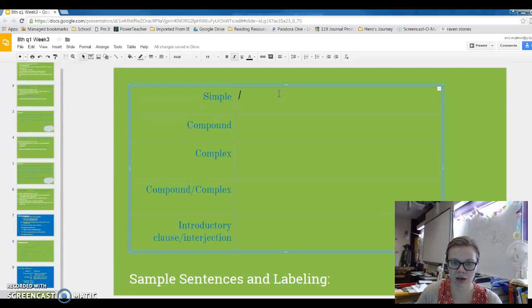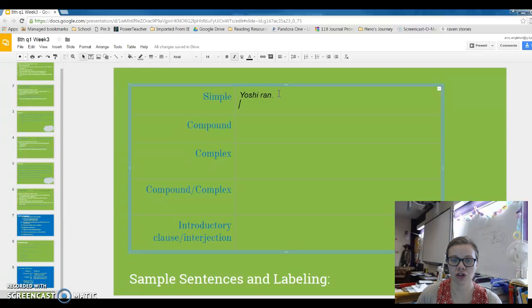On the right-hand side, we have a simple sentence, which again would be one subject, one verb, that is all. Yoshi ran, period. To label that, we need to label the subject, the verb, and the clauses. Those are the three things that need to be labeled to represent what type of sentence it is.